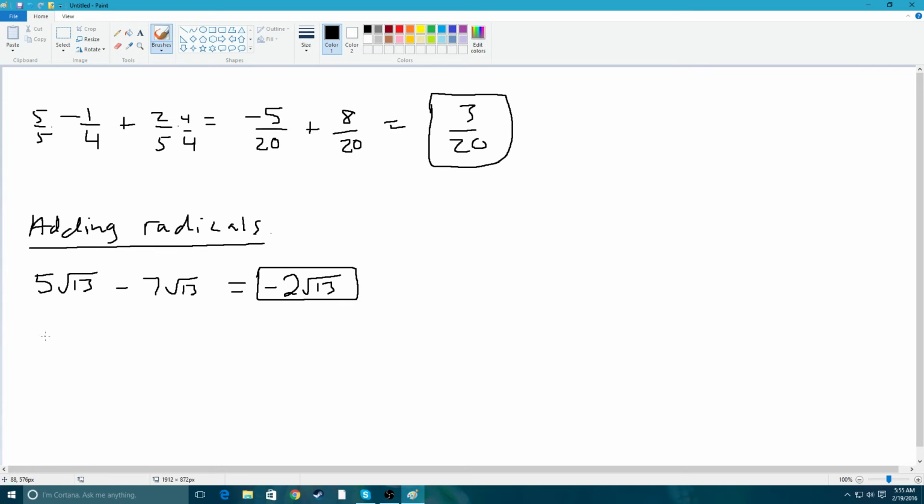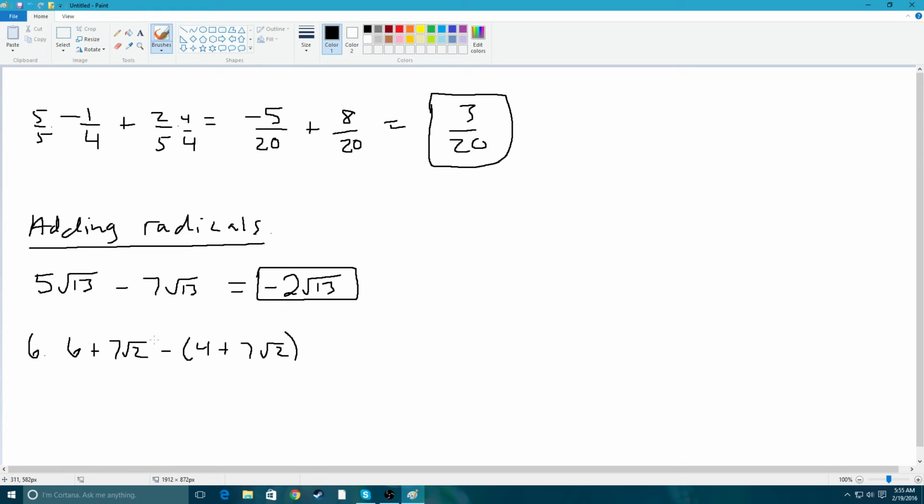You could also talk about doing some other stuff. Some more complicated examples would be like number 6. Number 6 is 6 plus 7 root 2, minus 4 plus 7 root 2.